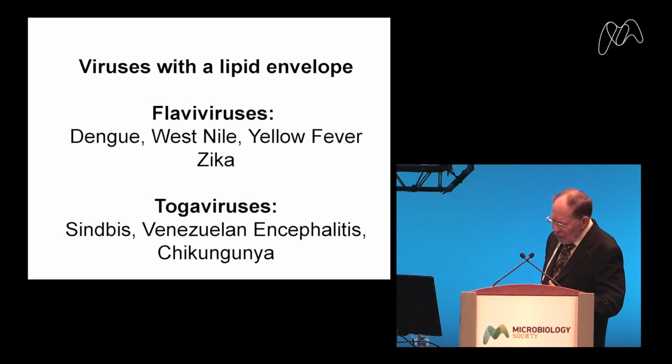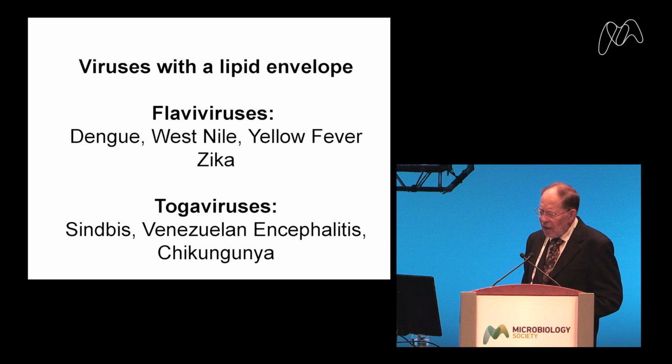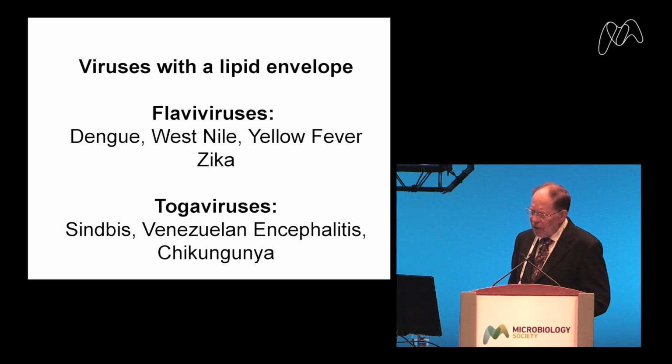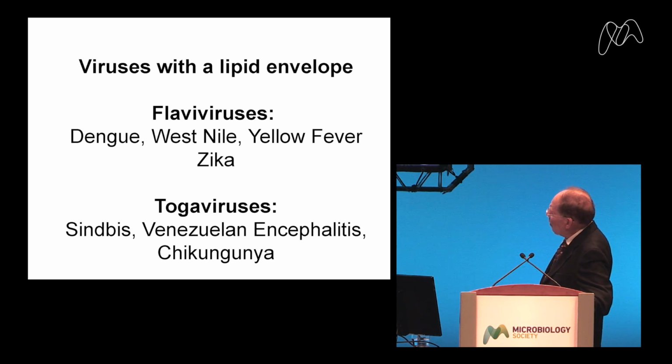Now, rhinovirus, which is a picornavirus, is a small RNA virus. There are other more complicated viruses. So we went on to look at, together with Richard Kuhn, who joined us at Purdue, more complicated viruses such as flavivirus and togaviruses, both of which use a membrane to envelop their genome, and then there's a capsid protein outside that.